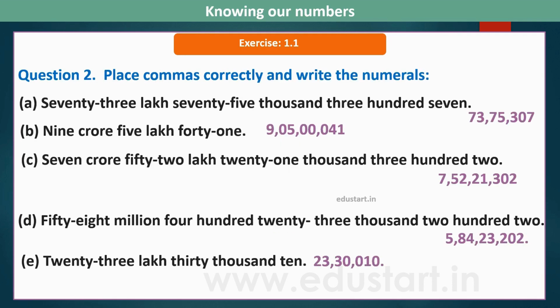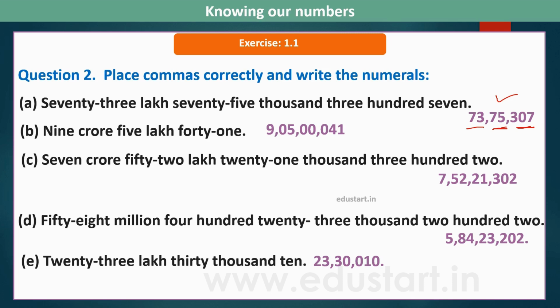So question number 2. Place commas correctly and write the numerals. The first one is 73,75,307. So 73,75,307. Now the first comma we are placing after 3 digits, then 2 digits.